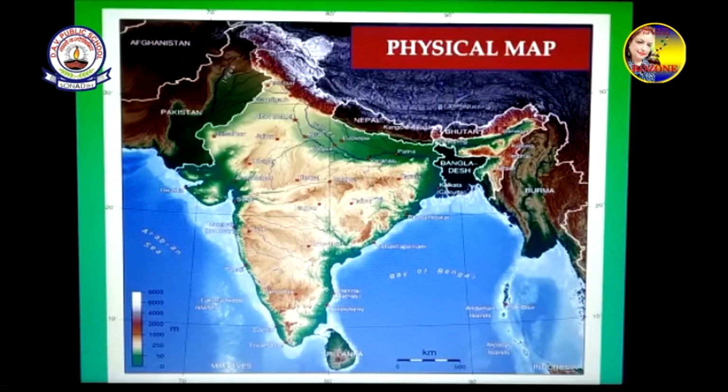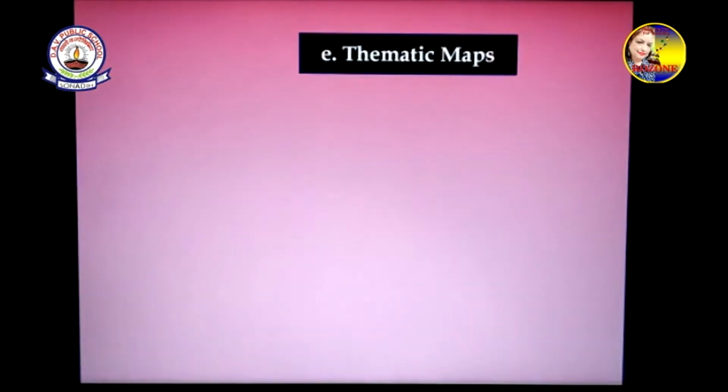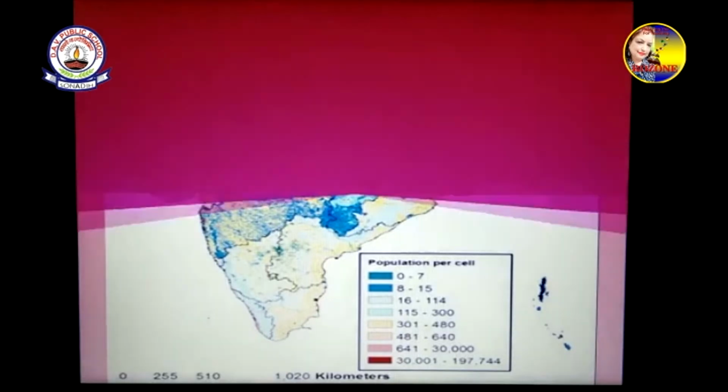Thematic maps show us the roads, railway lines, population of a place and so many other things.